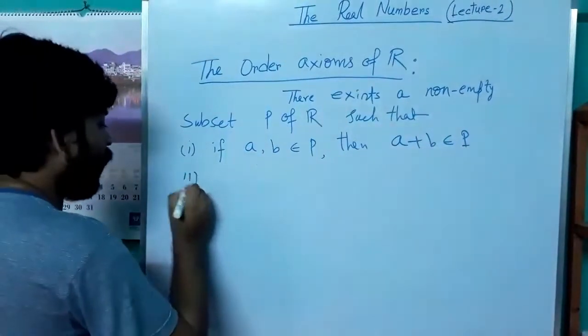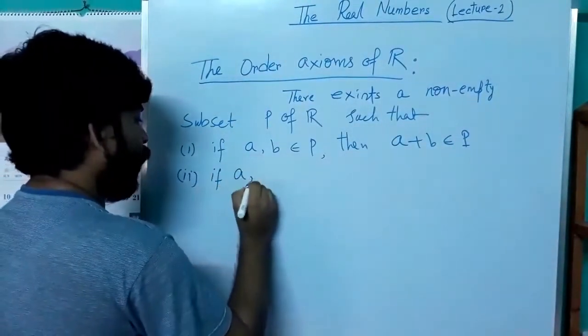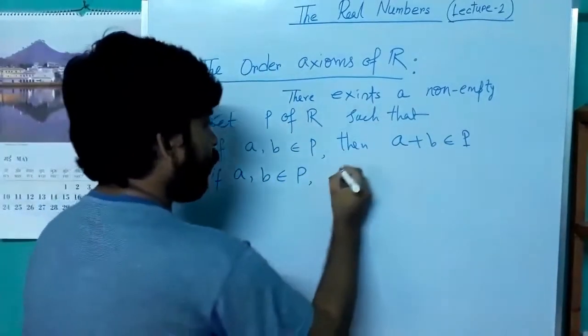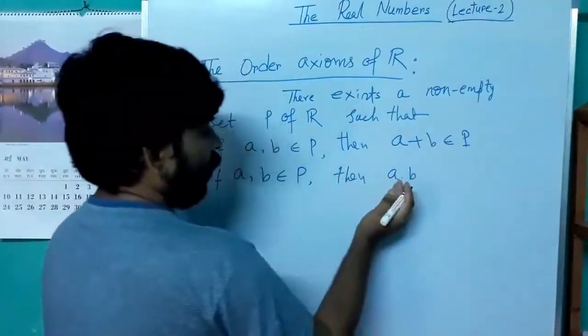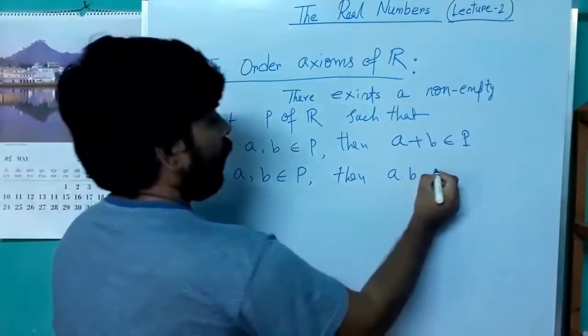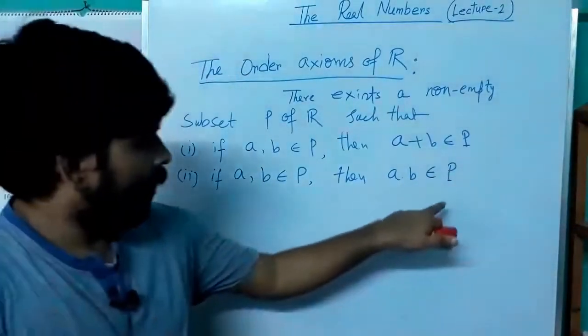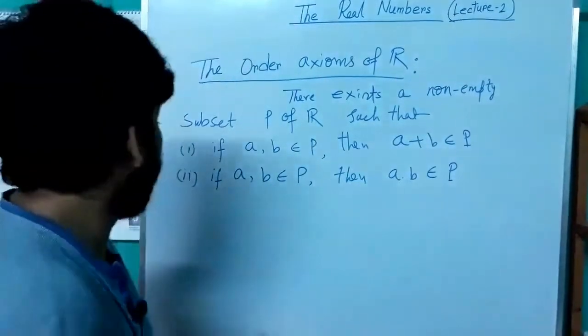The second property of the set is, if we take two elements from the set P, then their product A multiplied by B must belong to P. That means the set is closed under multiplication.